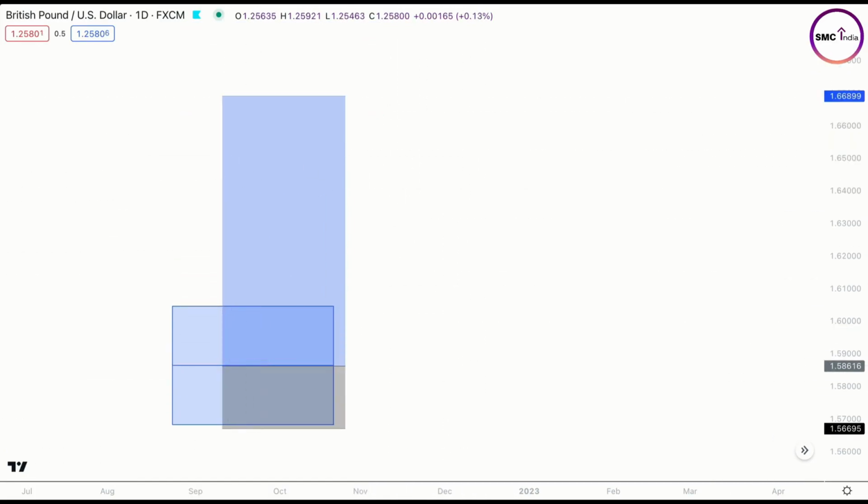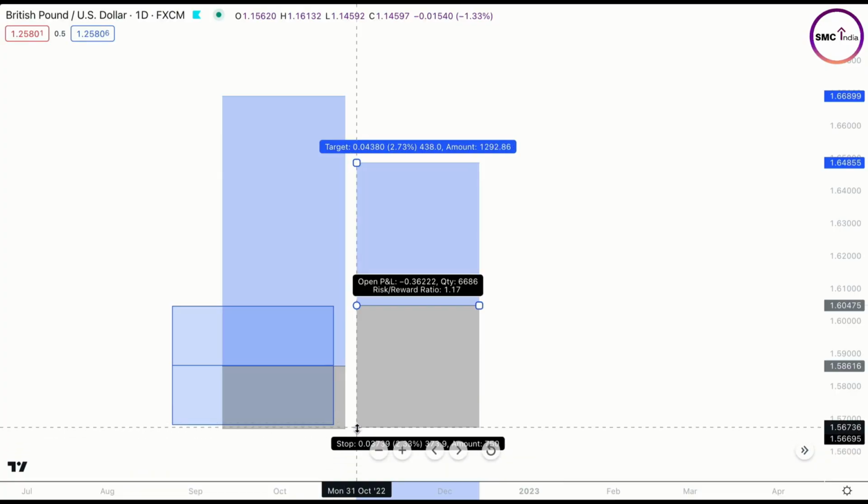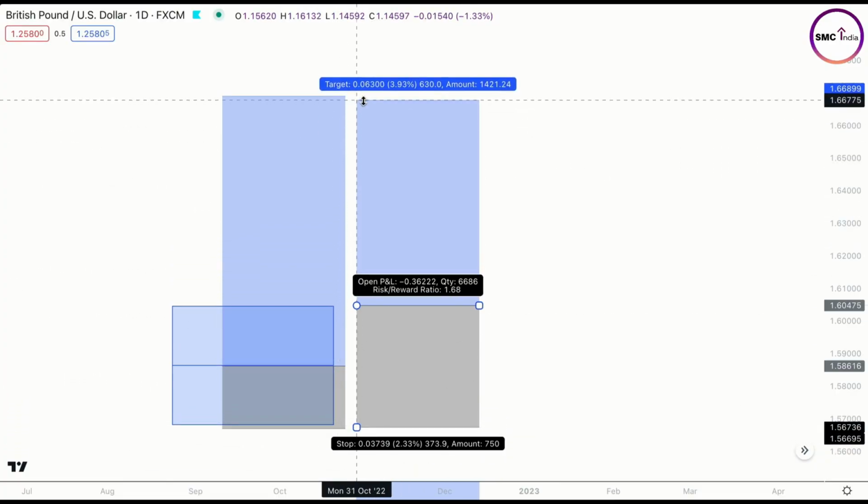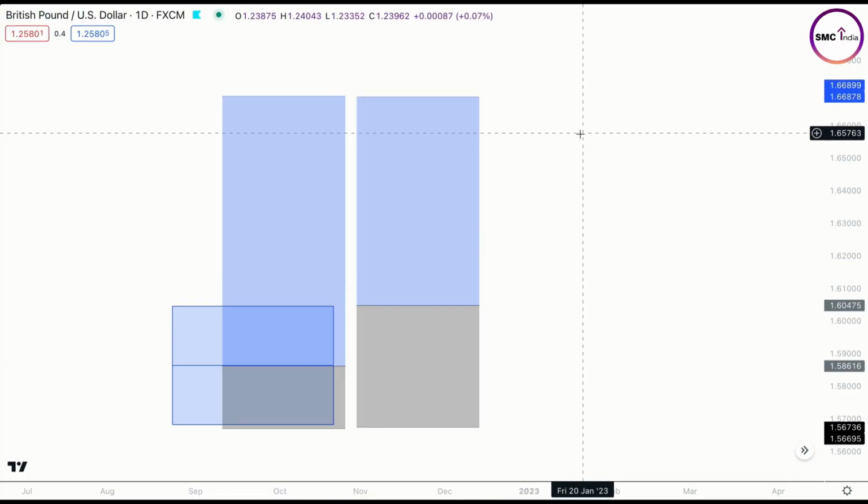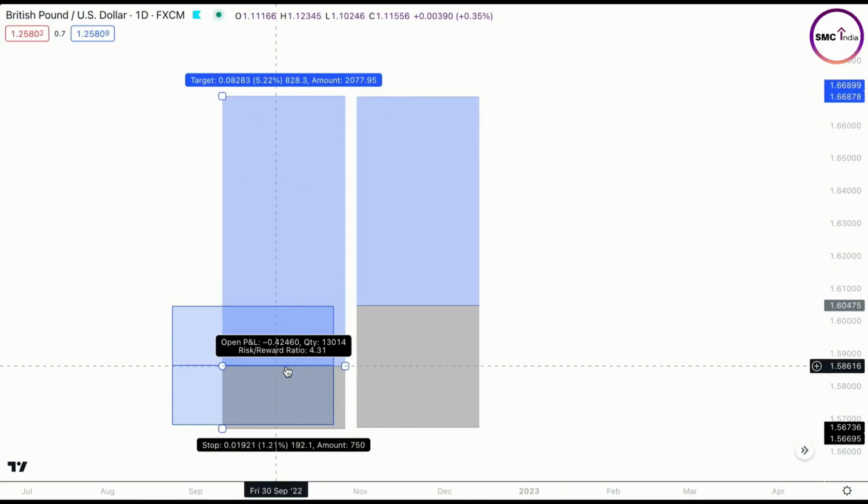Suppose you take your partial position at this price, putting stop loss below this order block, taking profit levels up here for buy limits. And when you place these orders, you place these limits at a psychological price and putting your take profit levels up here and stop loss slightly below it.